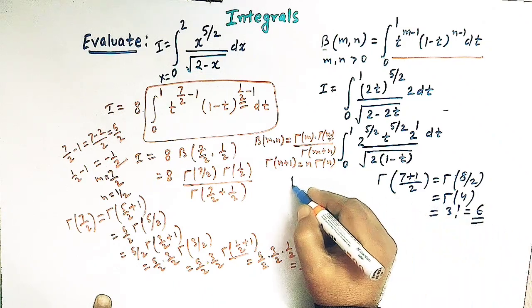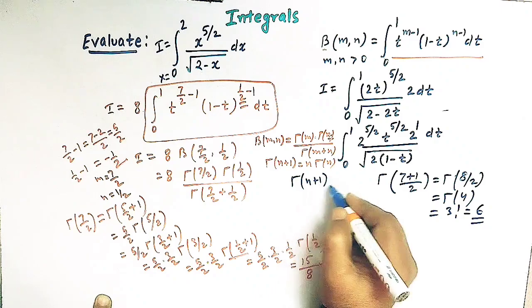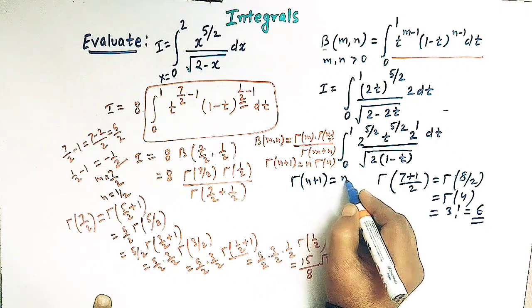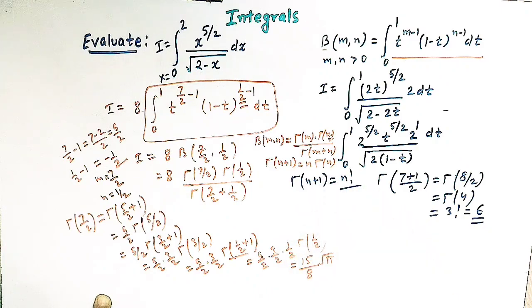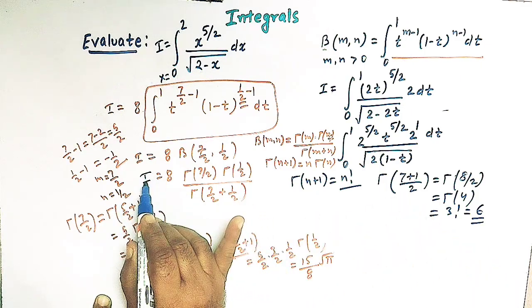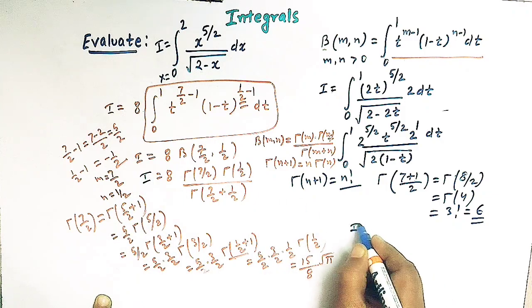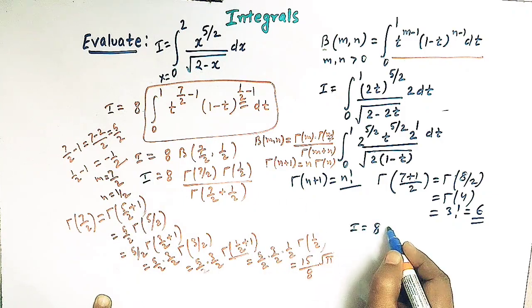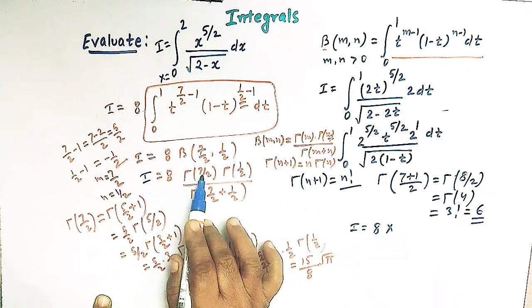Because we know that gamma n plus 1 is equal to n factorial, where n is some positive integer.